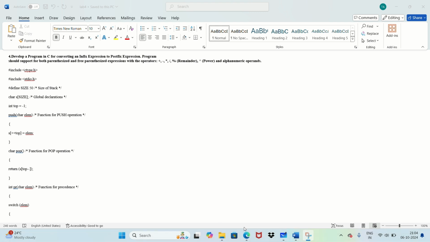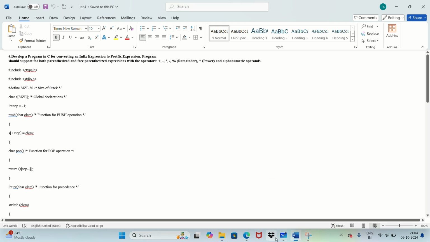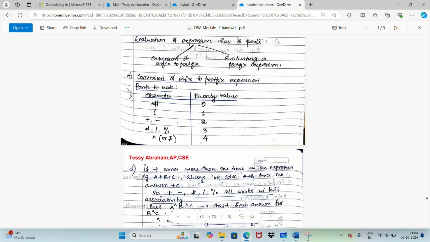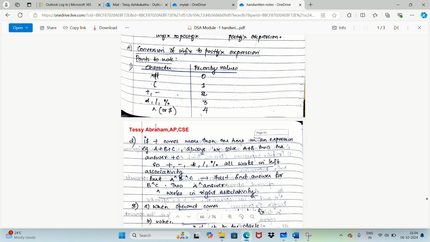We have already looked at this in the theory part, the conversion of infix to postfix. The points to note are these: first, understand that a hash has priority value 0.